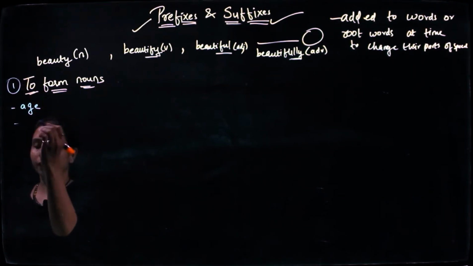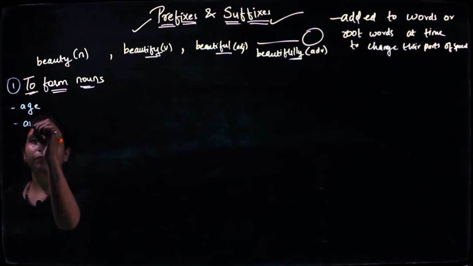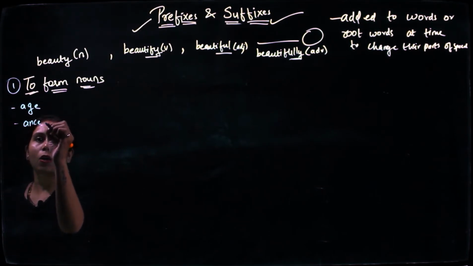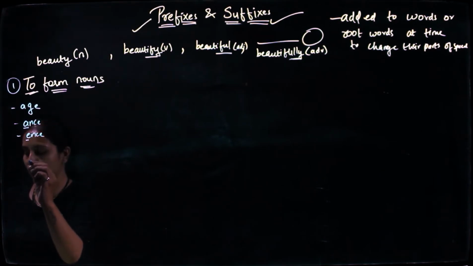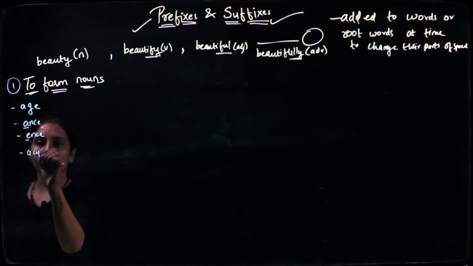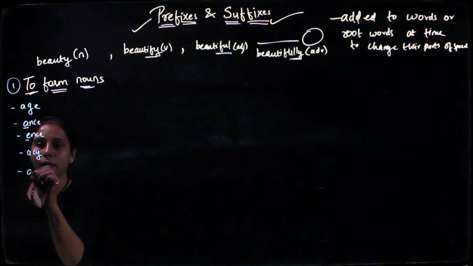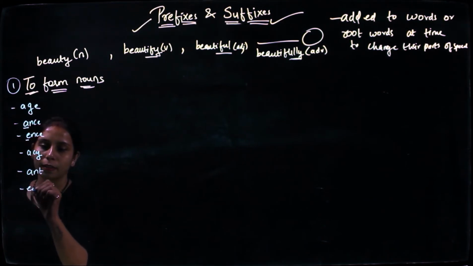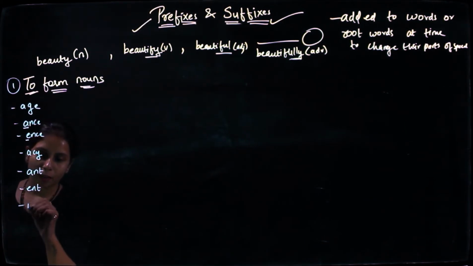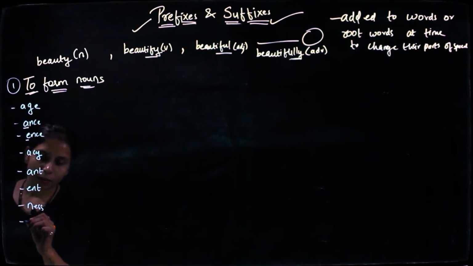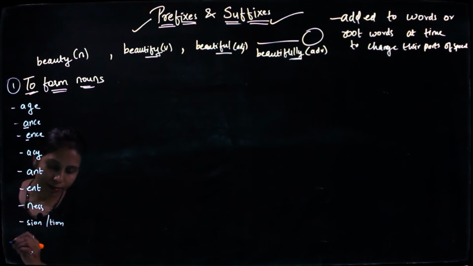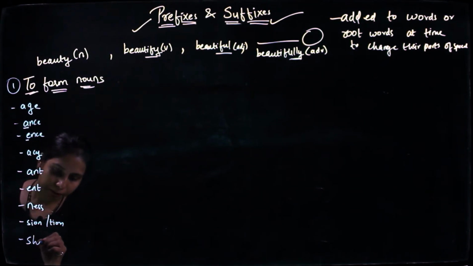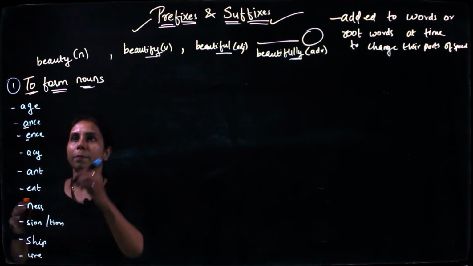This is the first category: age, ance or ence, acy, ant, ent, ness, sion or tion, depending on the scenario. Then ship, then ure.